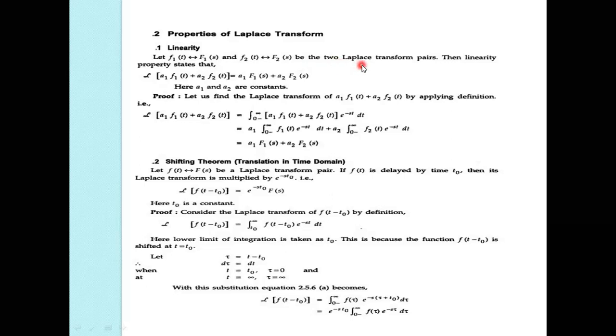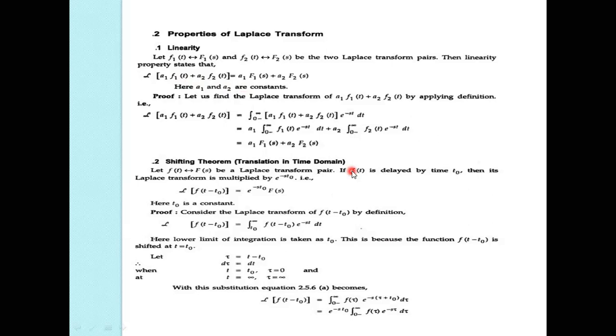Be the two Laplace transform pairs, then the linearity property states that the Laplace transformation of a1 f1 of t plus a2 f2 of t is equal to a1 f1 of s plus a2 f2 of s. Here a1 and a2 are constants.